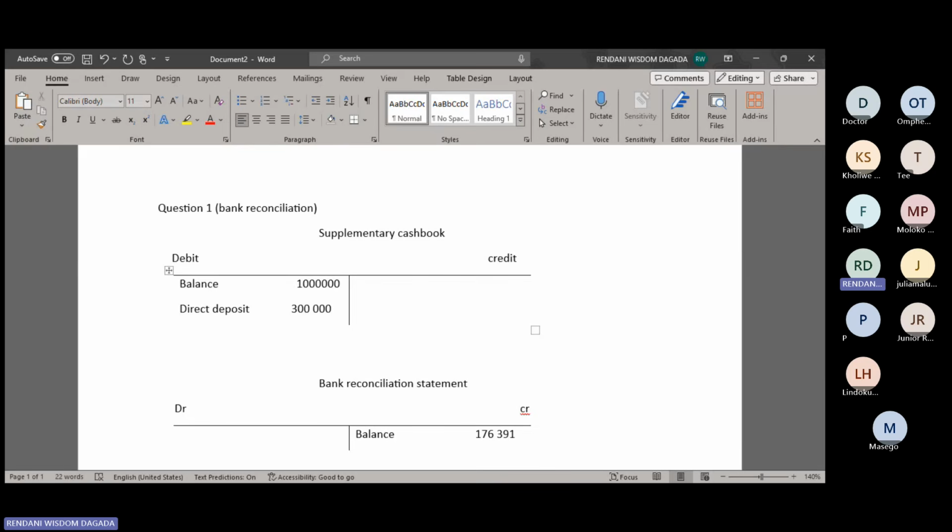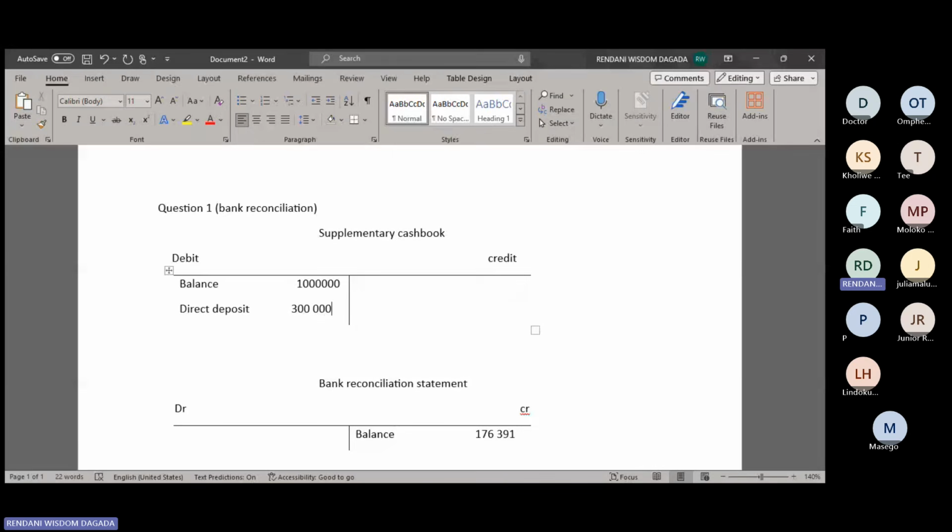Number 2 says interest of 29,000 has not been entered in the cash book. This is also a cash book transaction. So interest, we know it's positive.